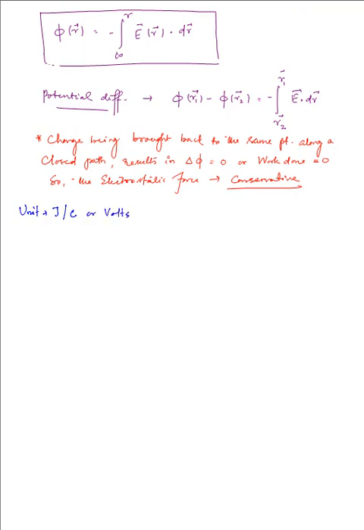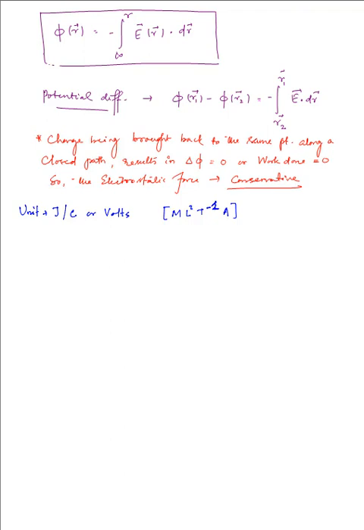The dimension is obviously going to be joule per coulomb, where joule is ML^2T^-2 and coulomb is simply A times T. Per unit charge means it's going to be in the denominator, my bad.